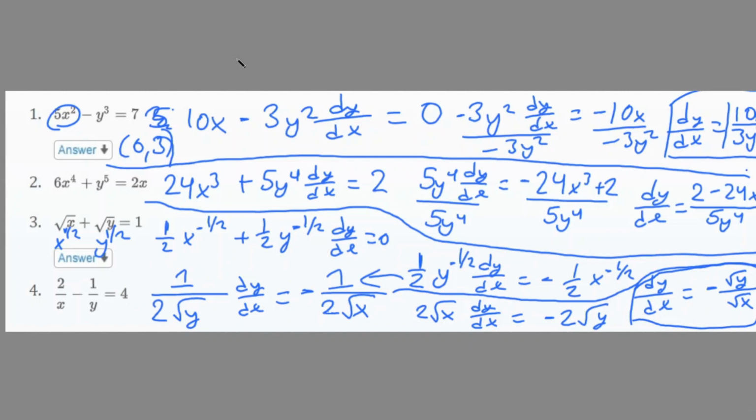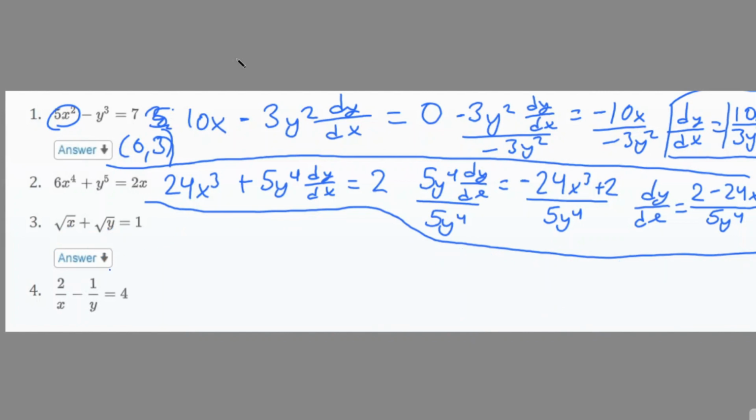And for number 4, let's free up some space real quick. For number 4, we're probably going to deal with some negative exponents because, again, I don't like fractions, so I try to rewrite it. So we're going to have 2x to the negative 1 power minus 1y to the negative 1 power is equal to 4.